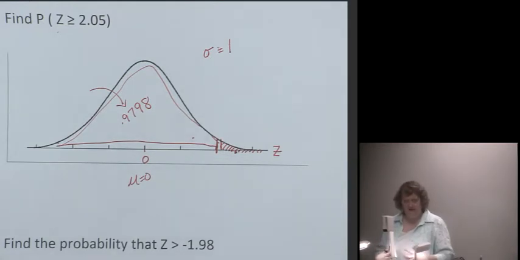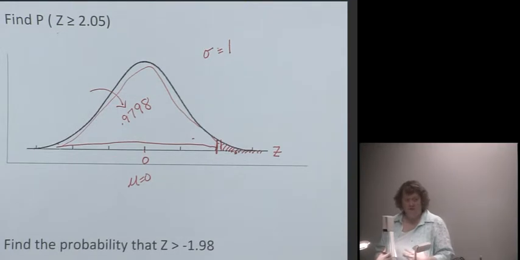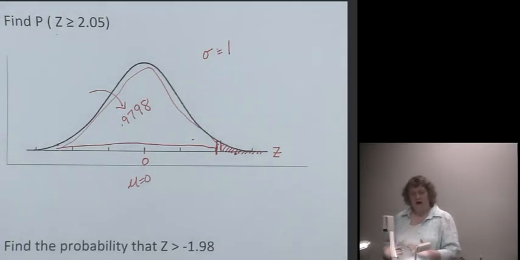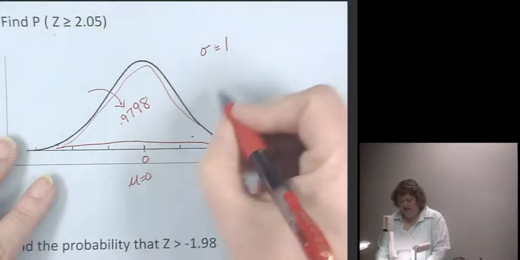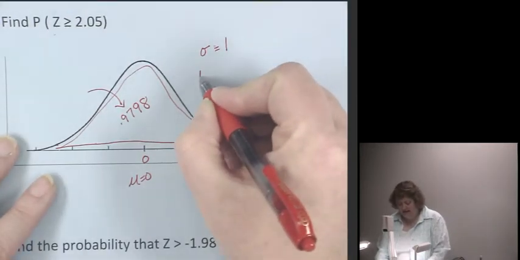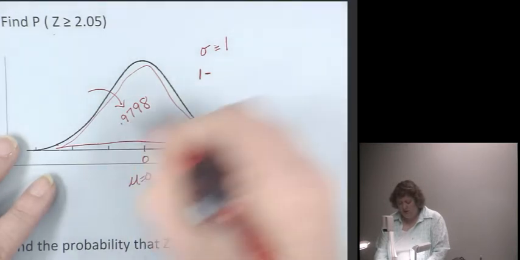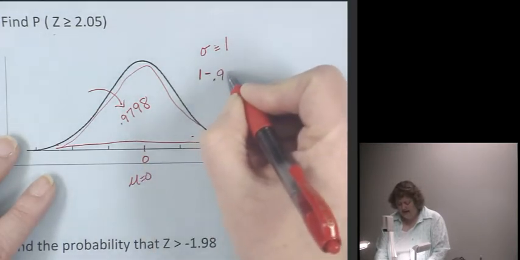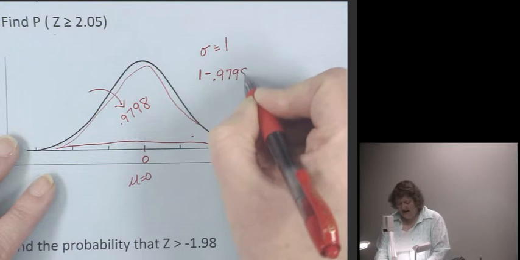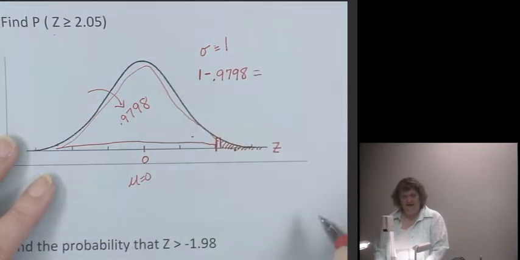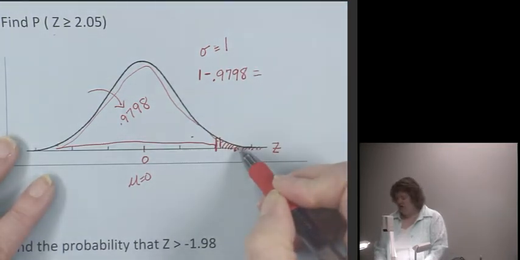All the possible probabilities always add up to be 1. So it's that powerful complement rule that's our most powerful tool. The complement rule says that all the probabilities add up to be 1, so if we go 1 minus 0.9798, we'll get what's left over here that's shaded.